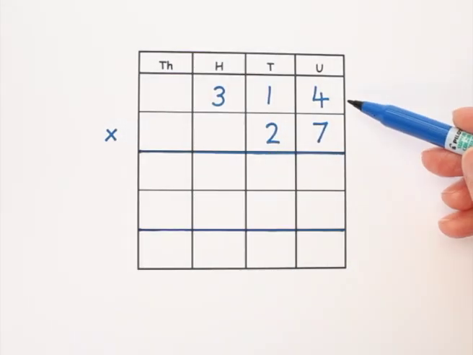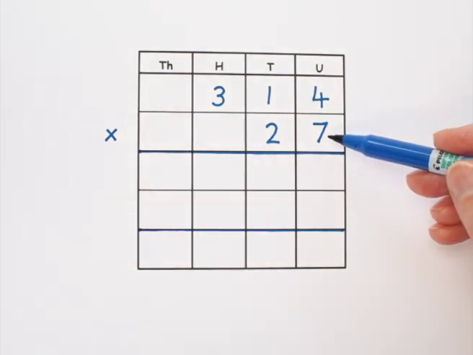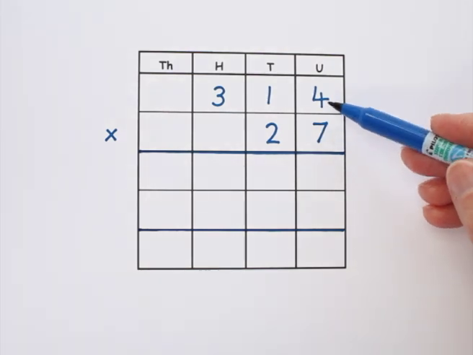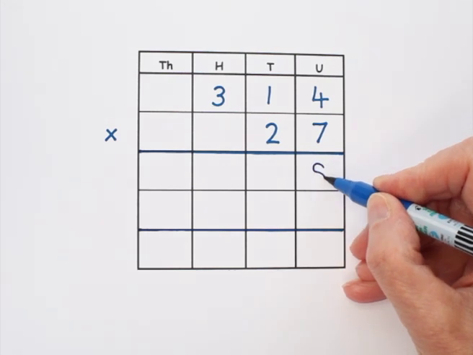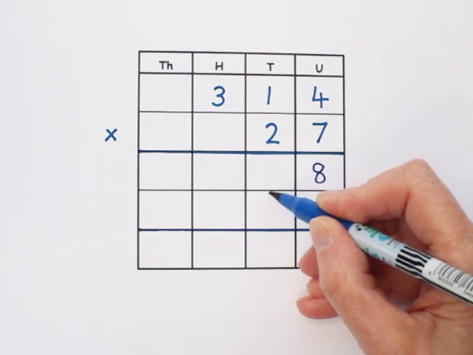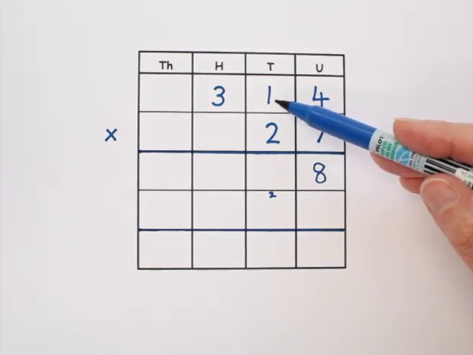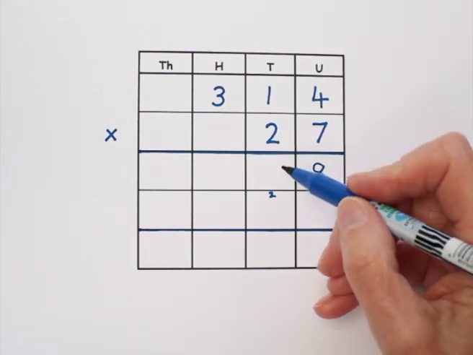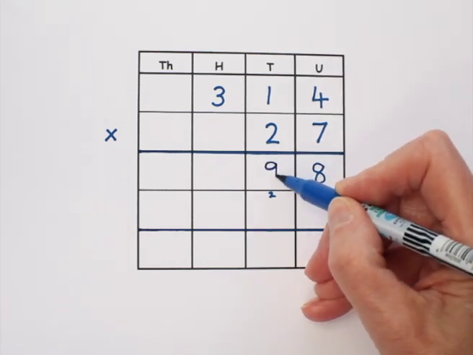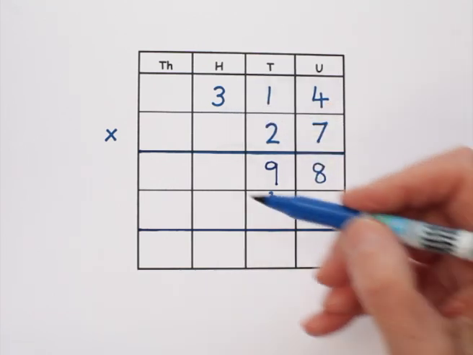Here is 314 multiplied by 27. Starting with the 7 in the units column, 7 times 4 is 28. Write down the 8 and put a little 2 in the tens column. Now 7 times 1, which is 7, plus this 2 here, making 9. Now 7 times 3, which is 21.